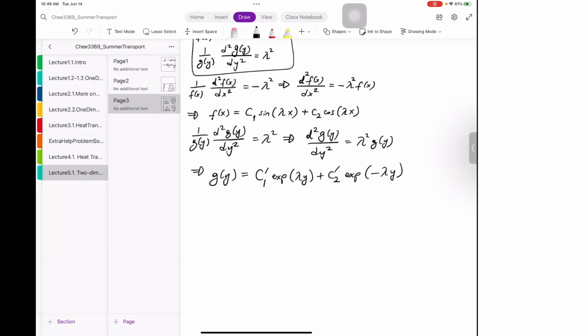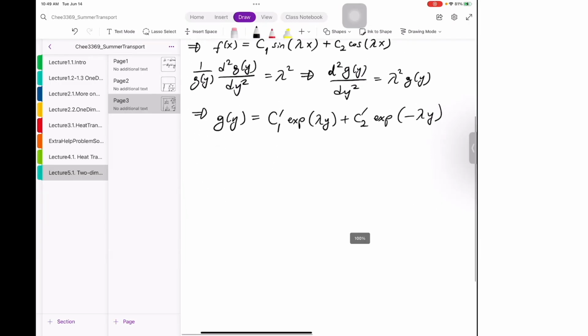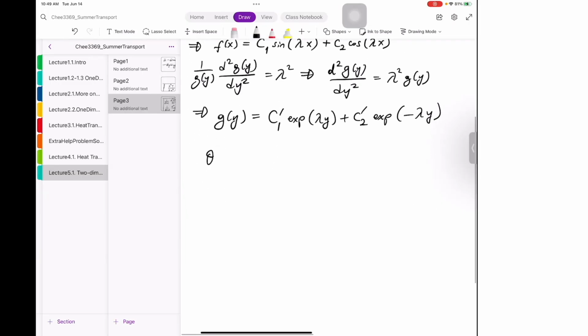Now, you have declared your function to be theta equal to f of x g of phi, right? And we are not sure about whether the function is separable. Maybe theta is not in this form.